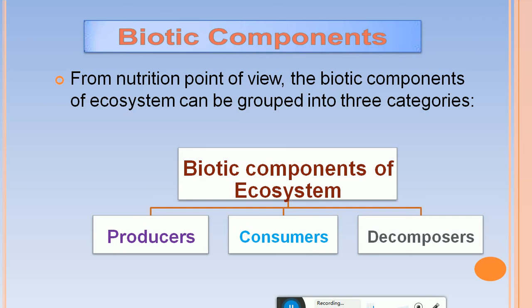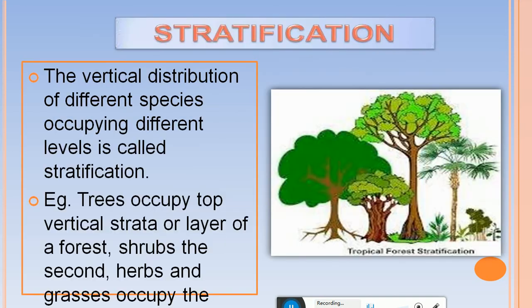No doubt there are also some bigger sea creatures, but the intelligent consumers are only humans. We need the environment for most of our purposes. Then we have decomposers, which act upon the dead and decayed matter and degrade the organic matter into simpler end products, and these comprise the biotic components of an ecosystem.